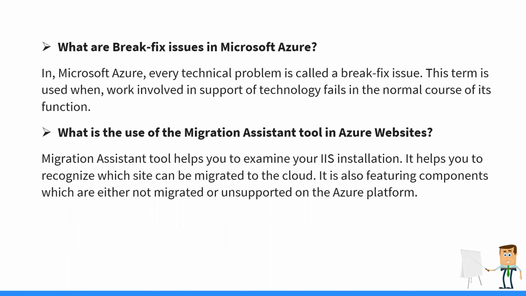It's specifically used for websites, as the name implies, and it works against Internet Information Service and Apache, and will identify which of your websites are able to be migrated into Azure Websites platform as a service, right? Websites platform as a service. And then it will also identify any components that cannot be migrated or are unsupported in the PaaS, that is platform as a service on Azure website, right?